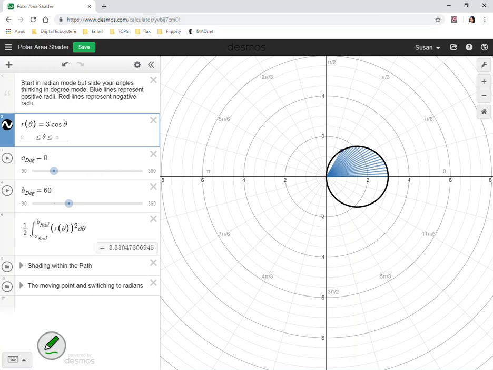3 cosine theta. Okay, so we're going to start at 60. I've got to find the little extra part that 3 cosine theta has. So we're going to go 60 to 90 to get that little piece, right? And then I'll double it. Or you can go 60 to 5 pi over 3 if you want to, and then not double it.